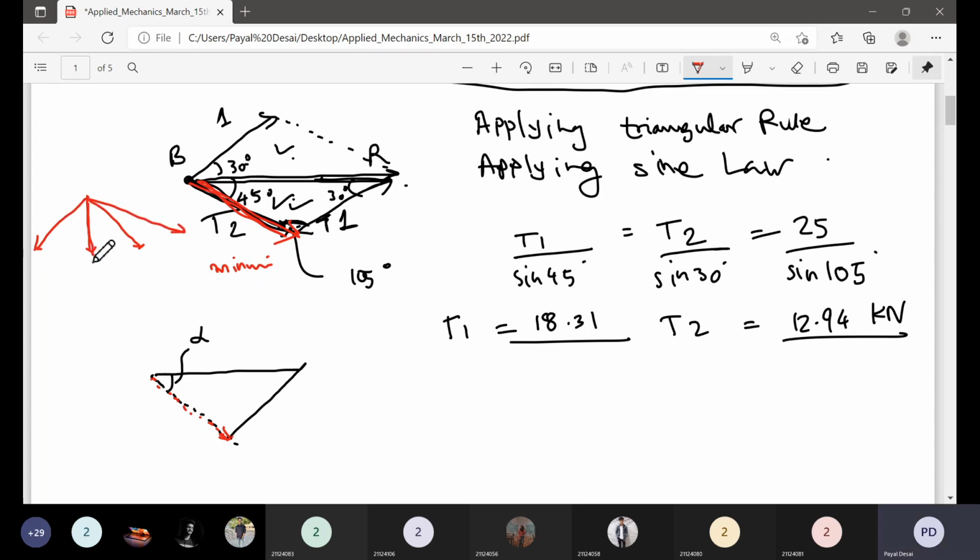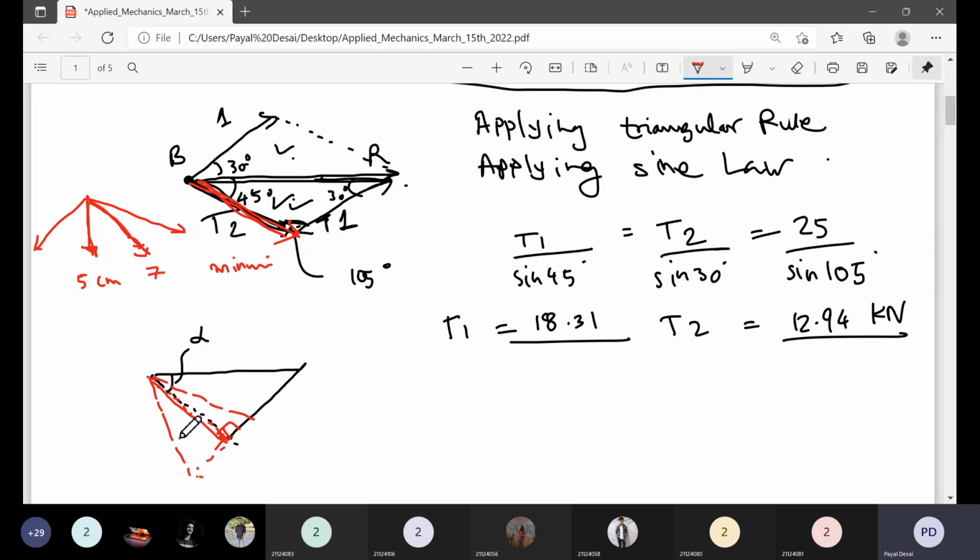Magnitude wise, suppose I draw a line of 5 centimeter, assuming 5 centimeter is the same as 5 kilonewton. Then I draw another line of 7 centimeter, which has a 7 kilonewton magnitude. So obviously, what is the difference between this line which is 90 degree and this line?